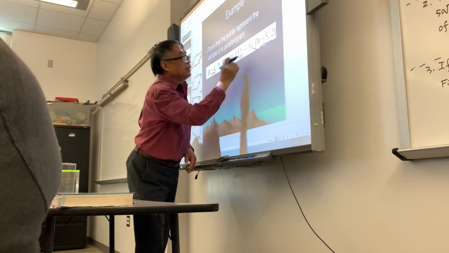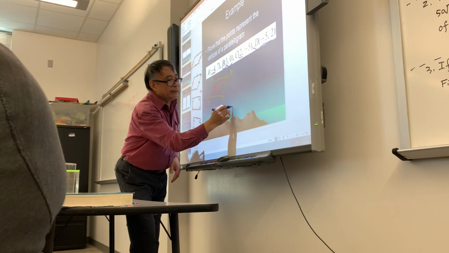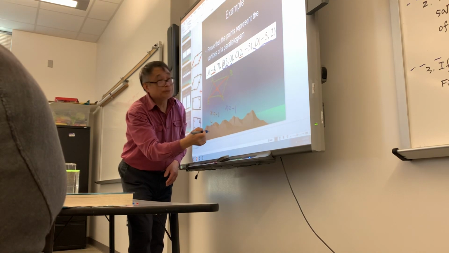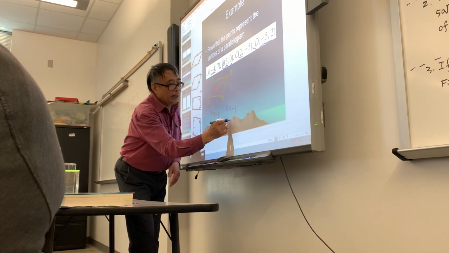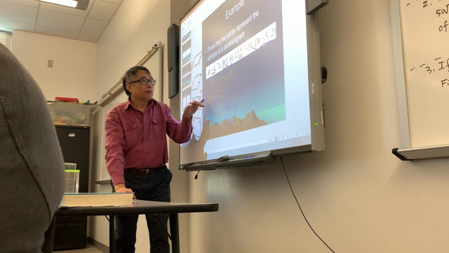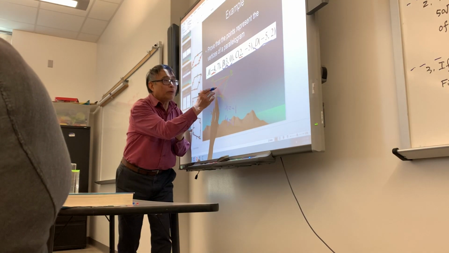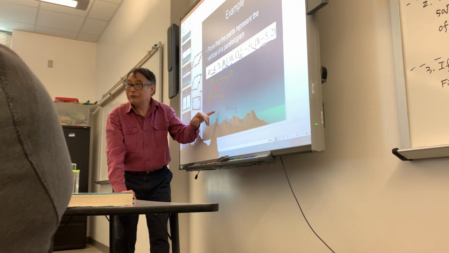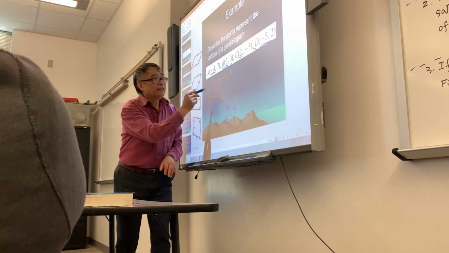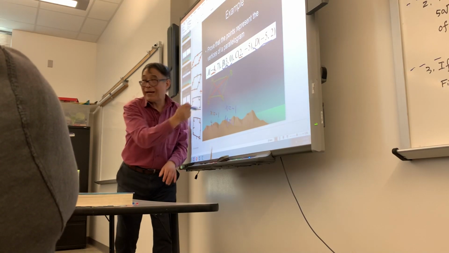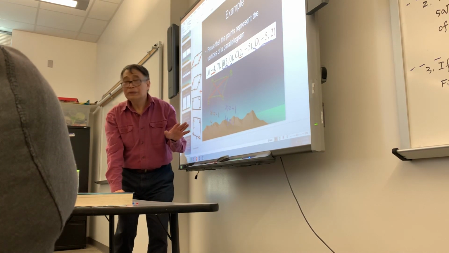B and D: 3 plus -5 is -2, so x is -2 over 2 is -1. 0 plus 2 is 2, 2 over 2 is 1, y is 1. You can see the midpoint of BD is -1, positive 1. For AC, also -1, positive 1. So this is the same point, which means both diagonals bisect each other. Do you understand, please? So that's the easy way to prove.